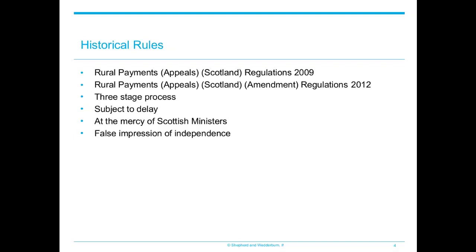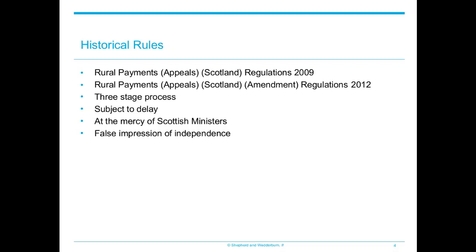Now, the independent appeals panel could and often did overturn the department's own decision at the first stage of the appeal. But one of the problems about that process was that Scottish ministers could then overturn the independent appeal panel's decision.